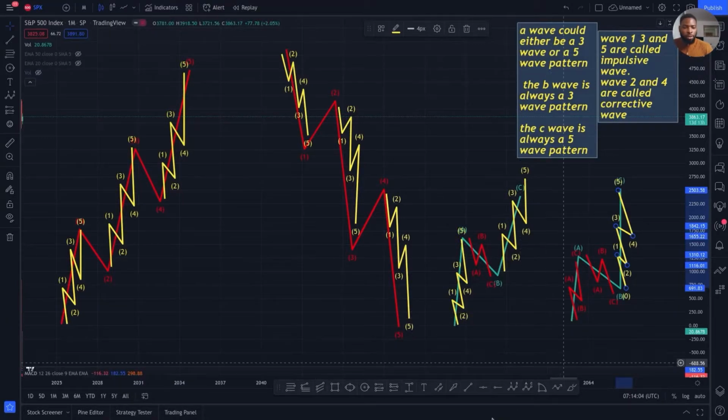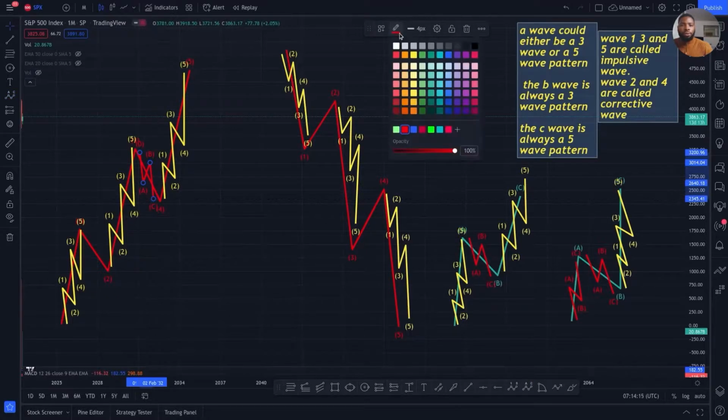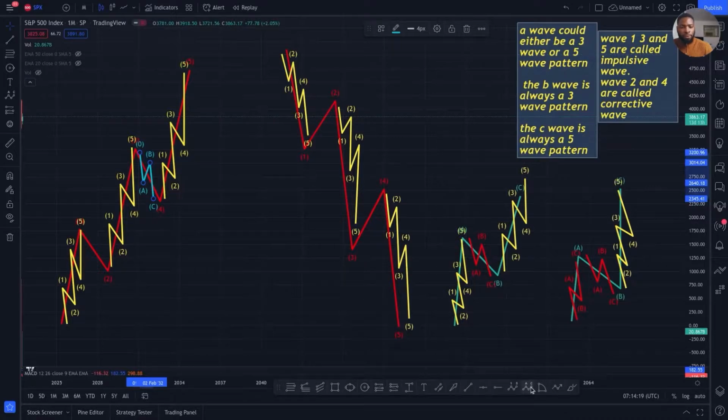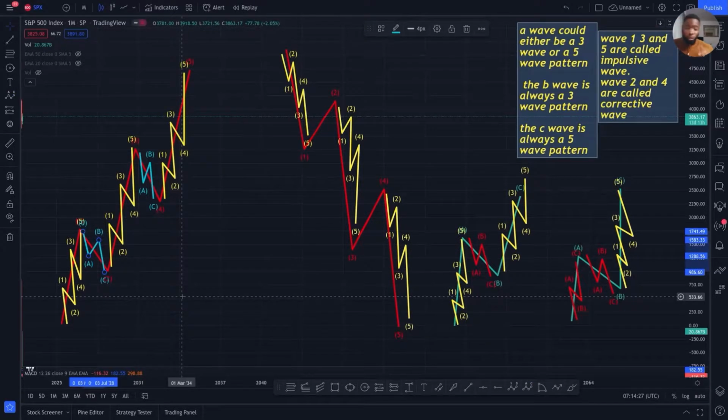So if I go back to the same drawing and put this in here, this is A, B, C. So the corrective wave is always an A, B, C pattern, a 3-wave pattern.